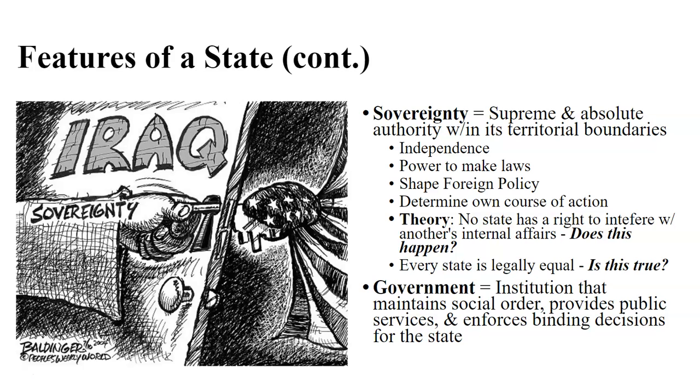Now, also the principle here under sovereignty is that every state is legally equal. Okay, but I want you to take a second and think about that last bullet point there. Is this true? And I want you to look at the political cartoon that's on the screen that's showing Iraq as the door. You have the American flag holding the sovereignty key. What do you think this means? Okay, and is every state equal?